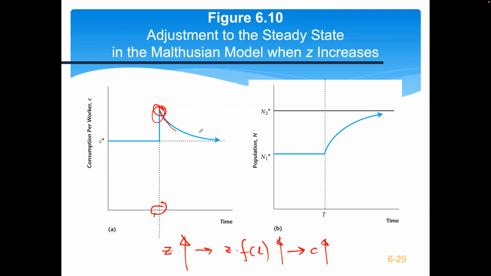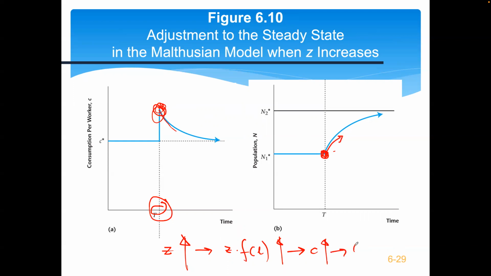The reason why it gradually decreases is because at the moment when you have this discovery, the N in a short period of time, you cannot suddenly increase or decrease your population, right? But now, because you have higher C, the population is going to grow, right?